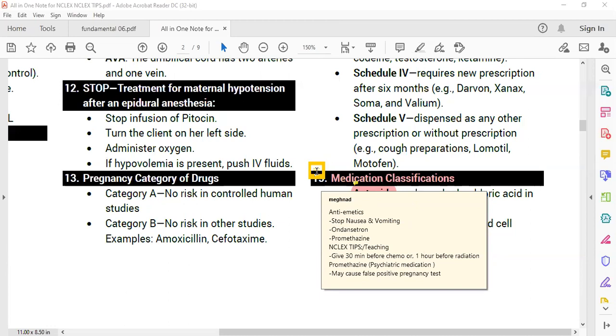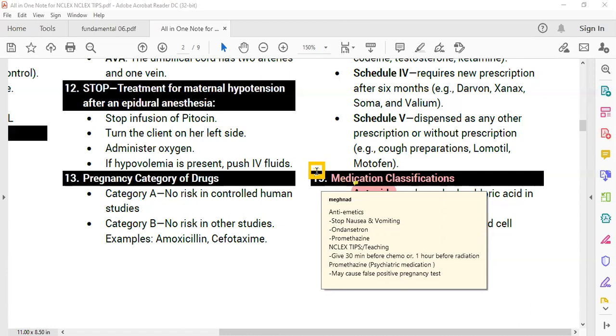When you give this medication, we educate our patient to take it 30 minutes before chemotherapy or 1 hour before radiation therapy.